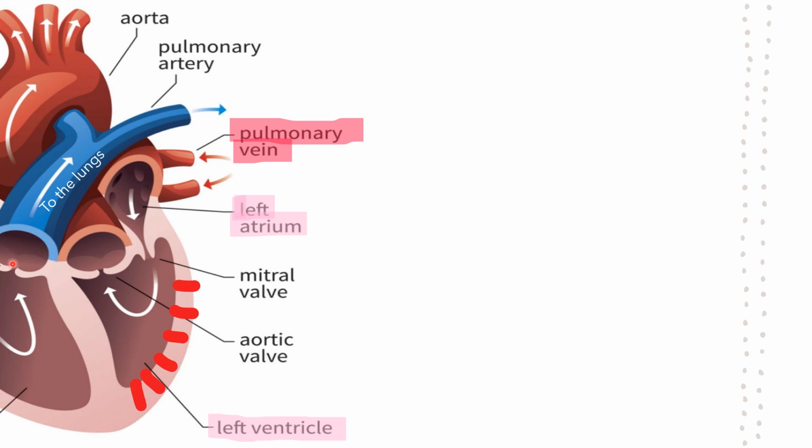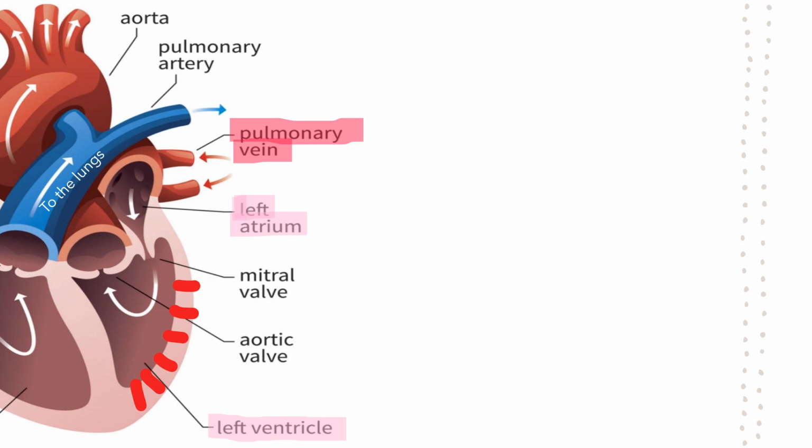The blood, just now, will flow to the lungs through the pulmonary artery. This happens because the blood returning from the body is relatively poor in oxygen, and it needs to be full of oxygen before being returned to the body. So the right side of the heart pumps the blood to the lung first to pick up the oxygen before going to the left side of the heart, where it is returned to the body full of oxygen.